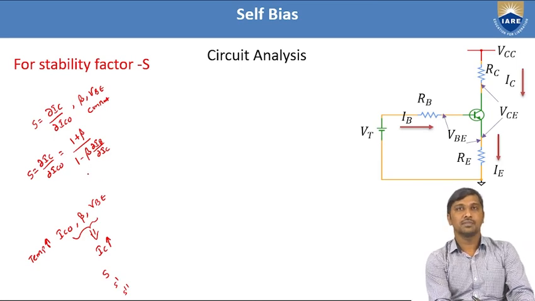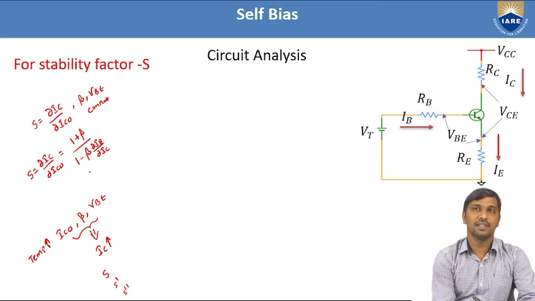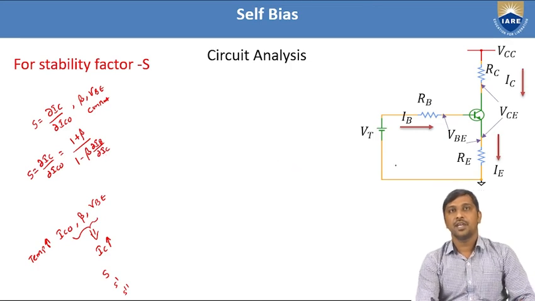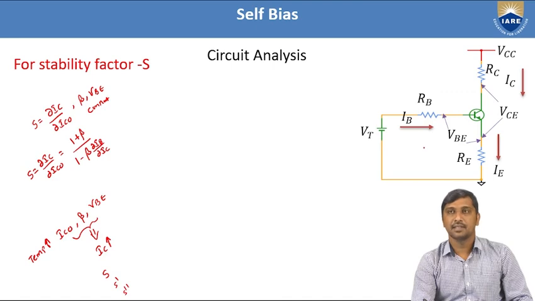If you observe this mathematical relation, we need to identify the base current and how this base current changes with respect to the change in collector current. That is the reason.